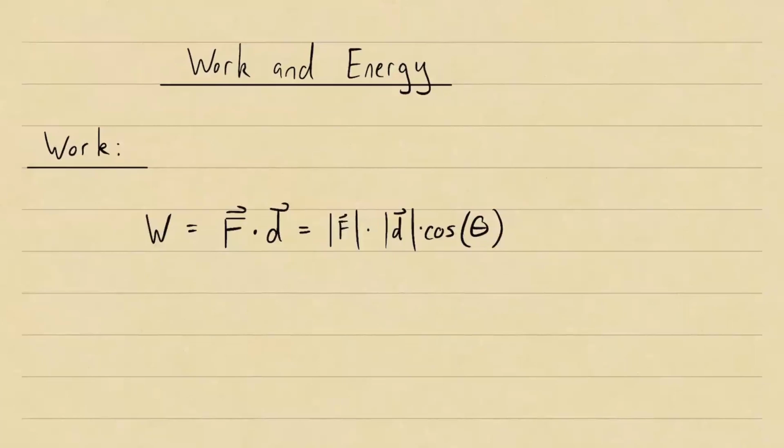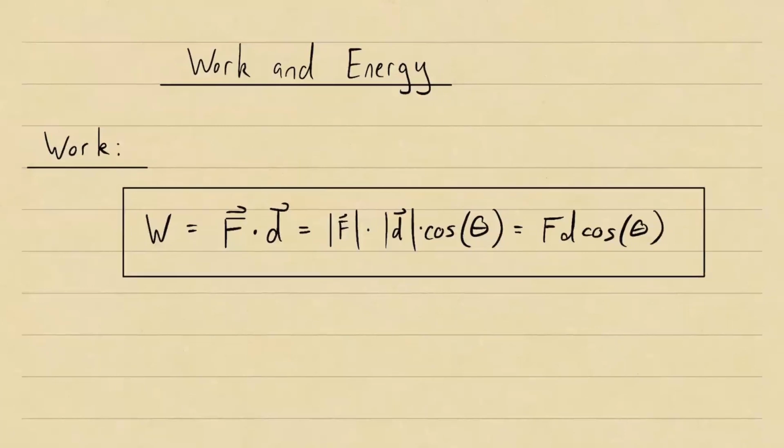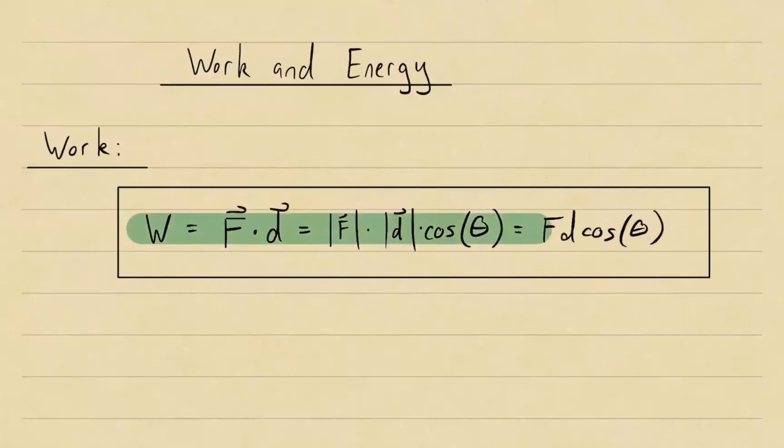So this is just F times D times cosine of theta. We just box this off. So this is our first definition.